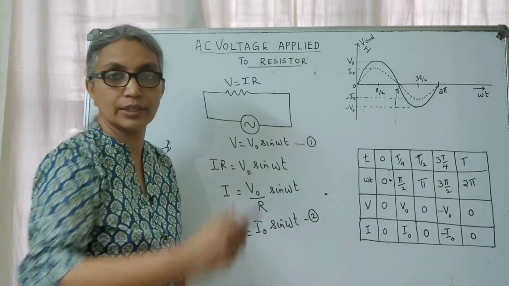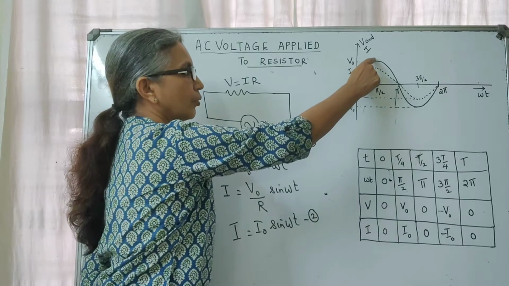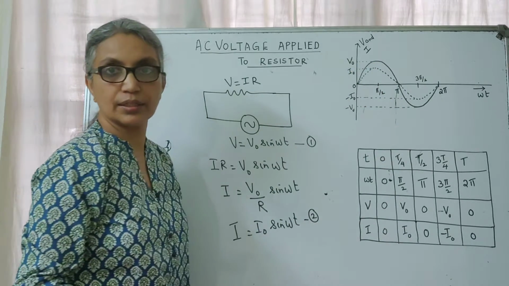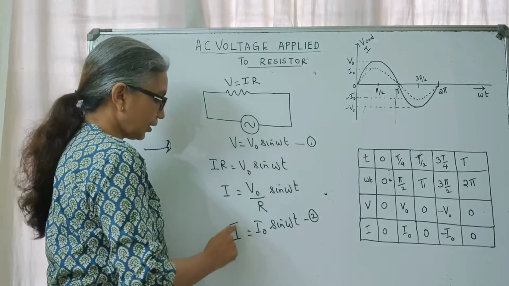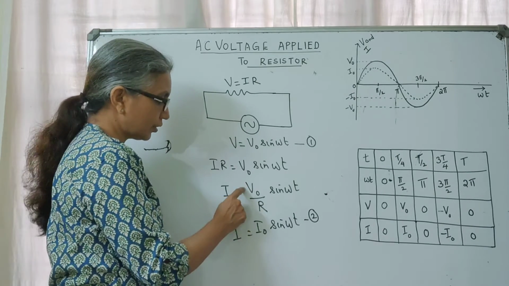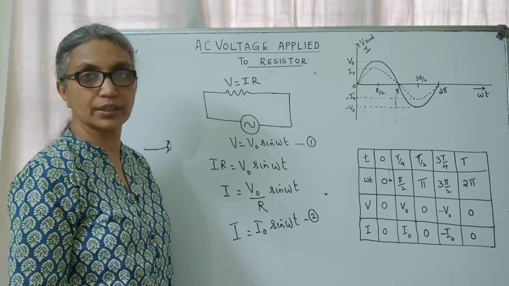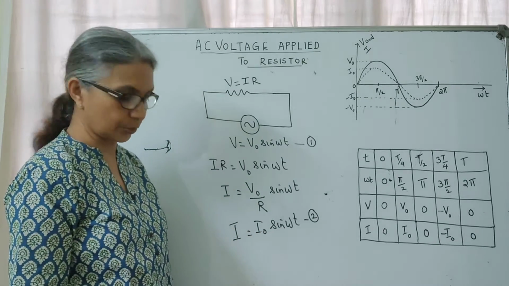They attain their peak values and 0 values together at the same time. But you will see that the peak value V0 is always greater than I0, because I0, we know, is V0 by R. So V0 divided by R gives you I0. So the peak value of V0 should be greater than the peak value of I0.